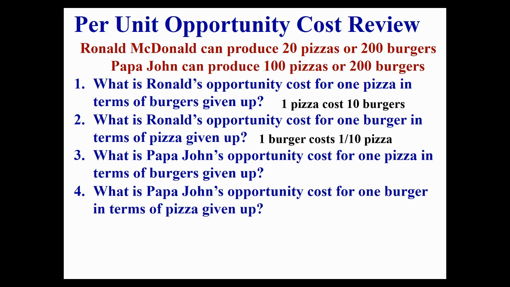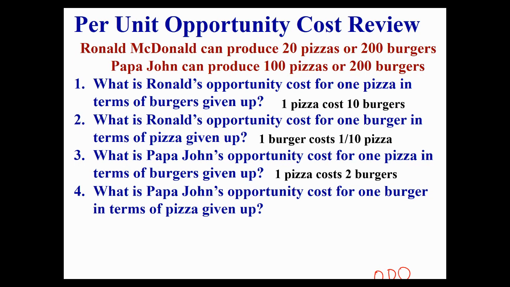Okay. Now, if we do the same thing for Papa John's, to find one pizza, we would say it would cost him two burgers, right? So we're using the idea of output for calculating output opportunity costs. I'm going to write it down here real small. It's OOO: when we do output, other over.